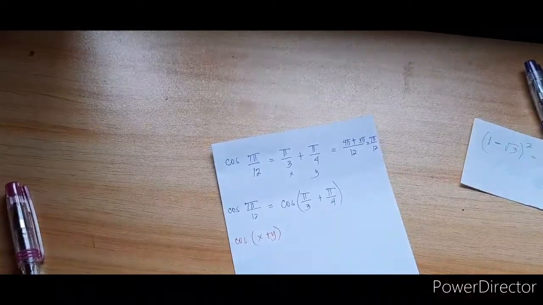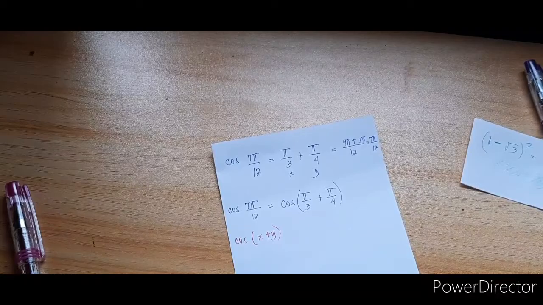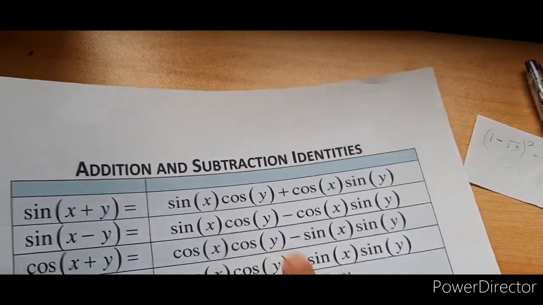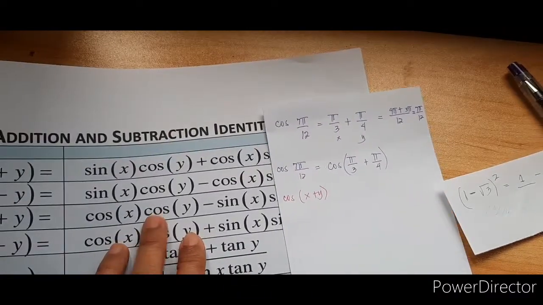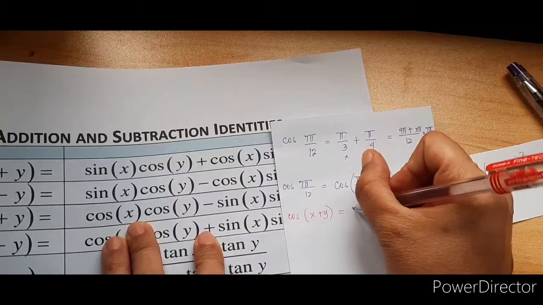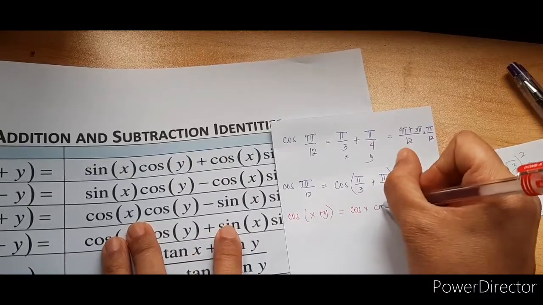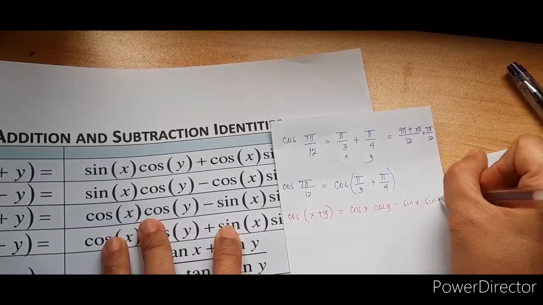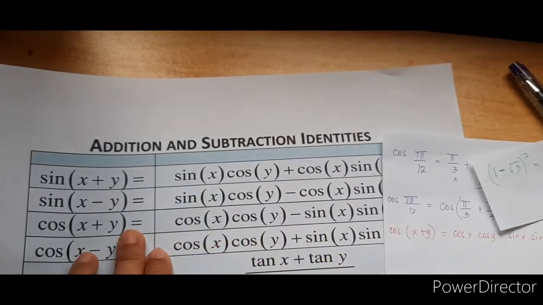So, the formula for cosine of x plus y is equal to cosine x cosine y minus sine x sine y.